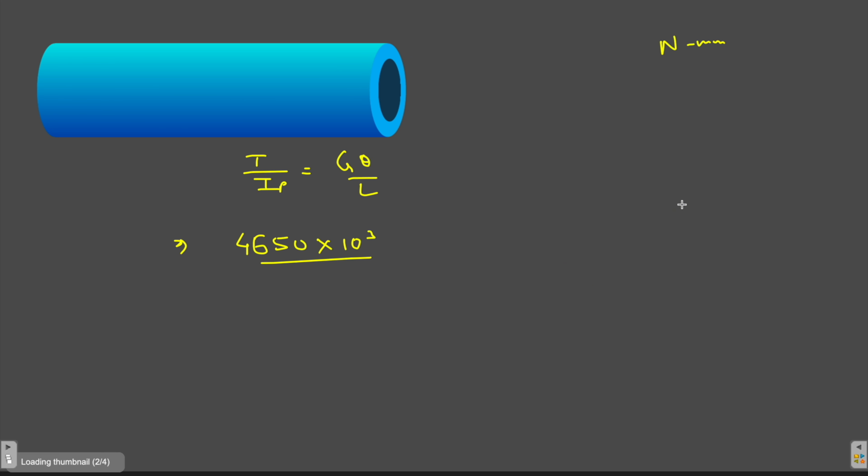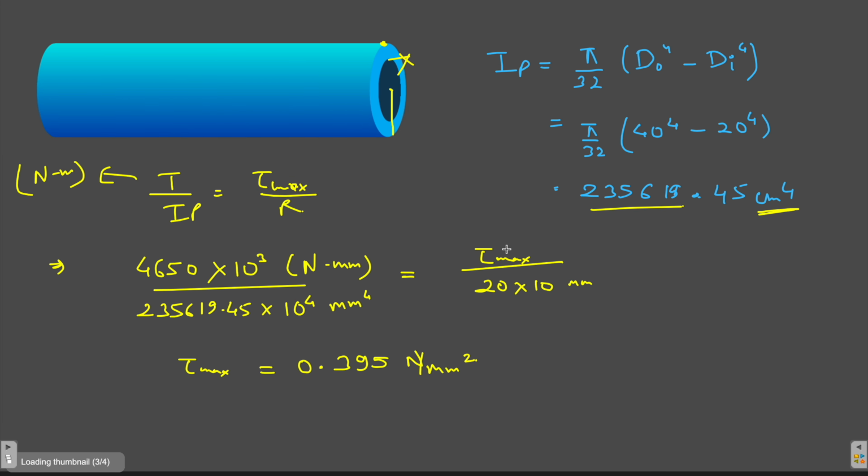It is 235,619.45. This was centimeter to the power 4. In order to convert it into millimeter to the power 4, I am multiplying it by 10 to the power 4.